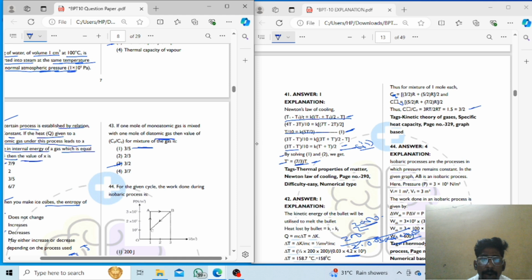No, Cp has become 4R. Cv has become 6R. So therefore it is 2 by 3, not 3 by 2. Option number 2 will be the correct option, not 3. 2 by 3 will be the option.